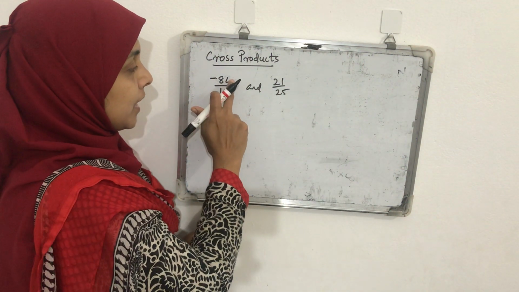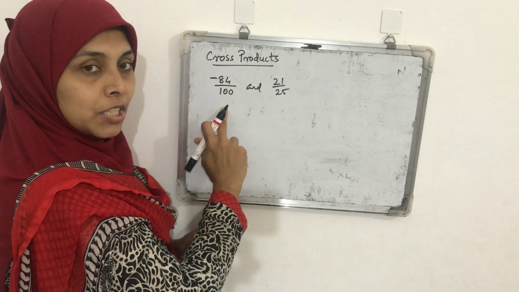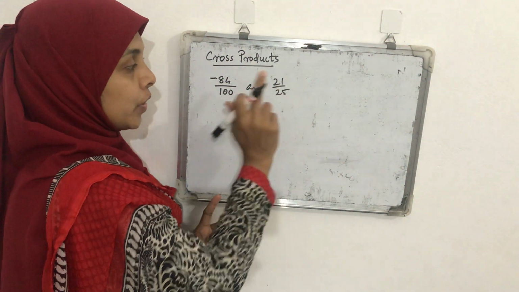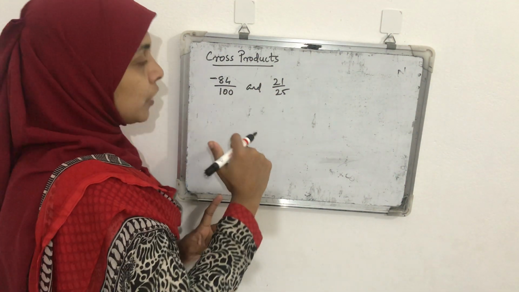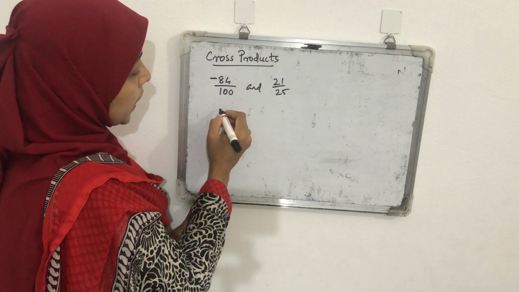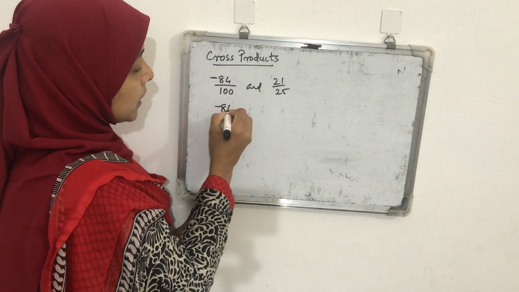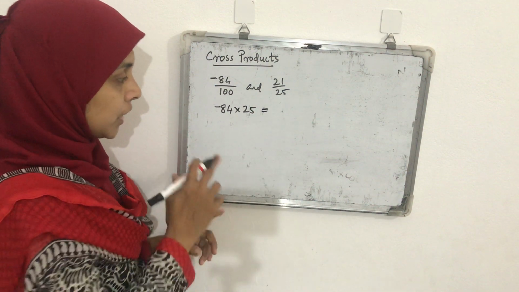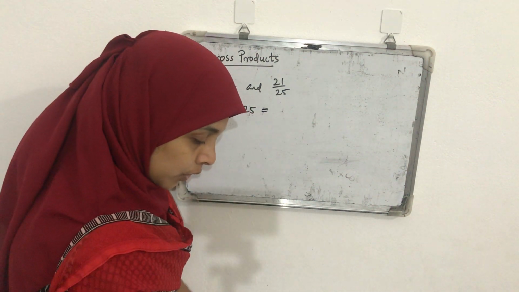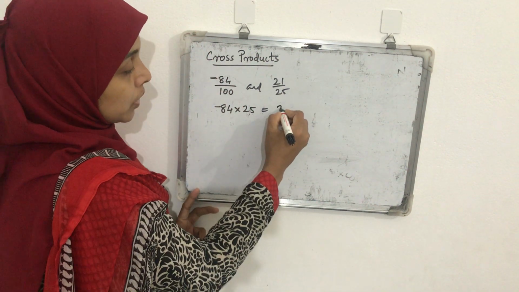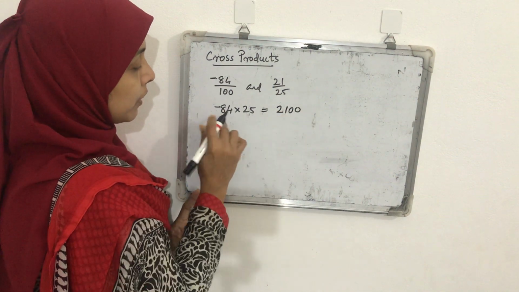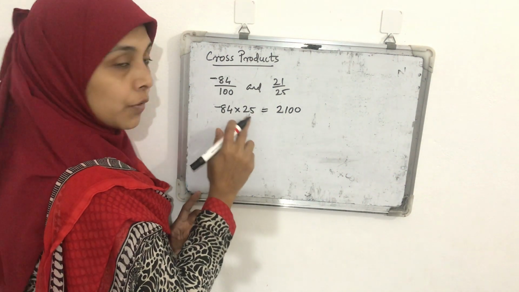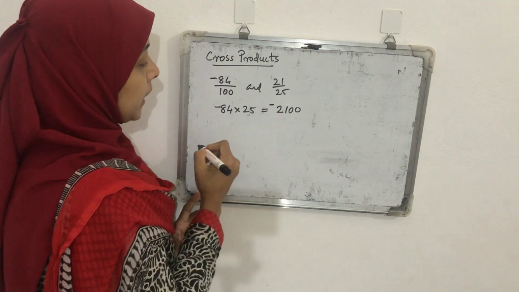Here a is minus 84, b is 100, c is 21 and d is 25. So a into d will be minus 84 into 25. When we multiply 84 with 25, we will get 2100. What will be its sign? One is negative and one is positive, so it will be negative.